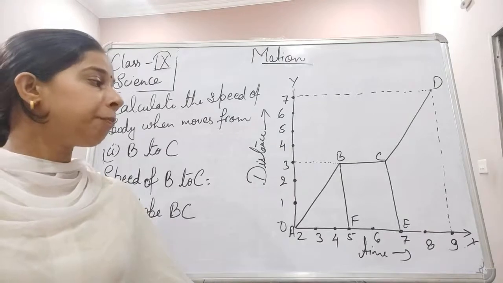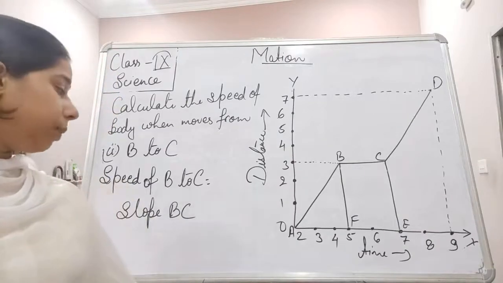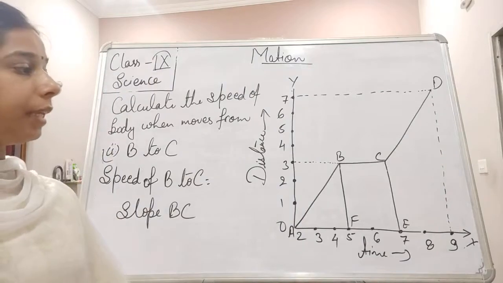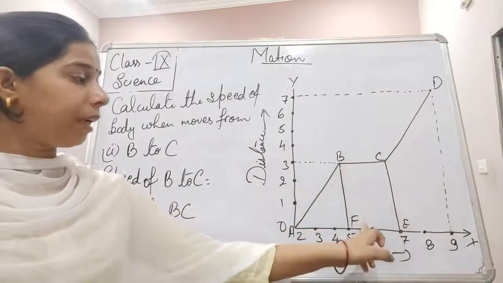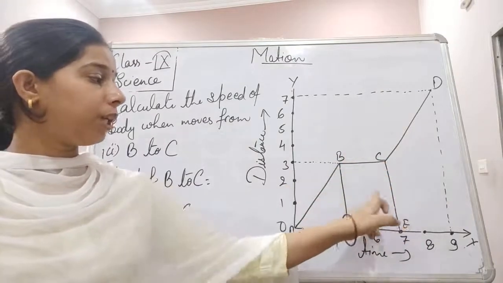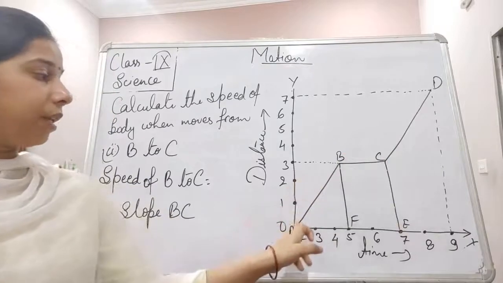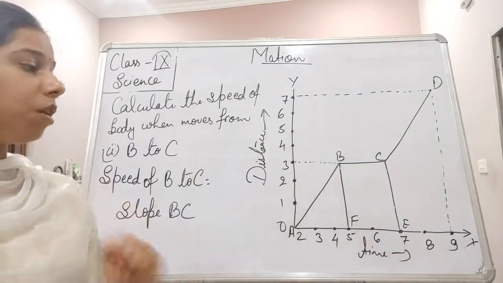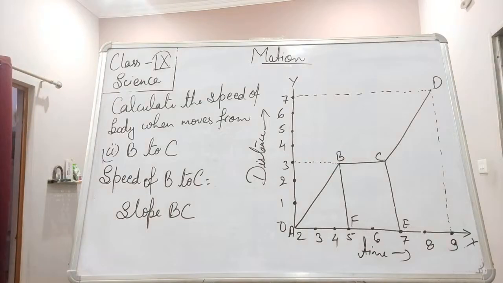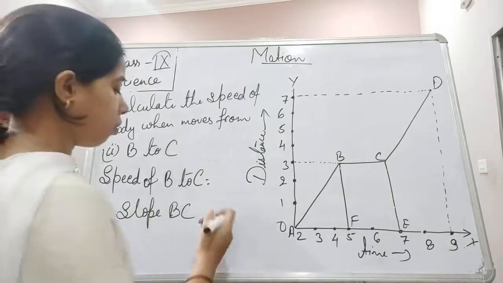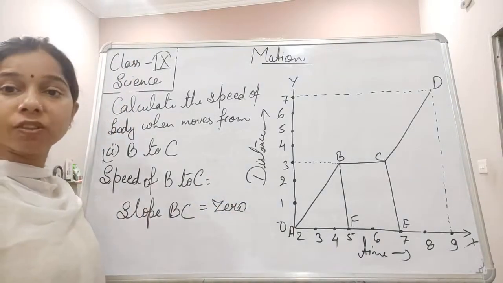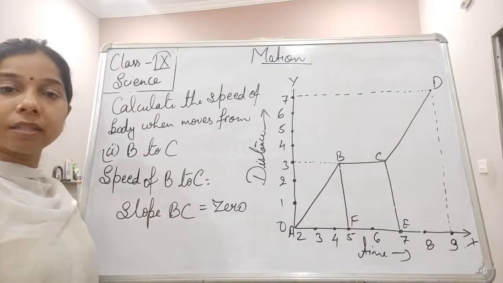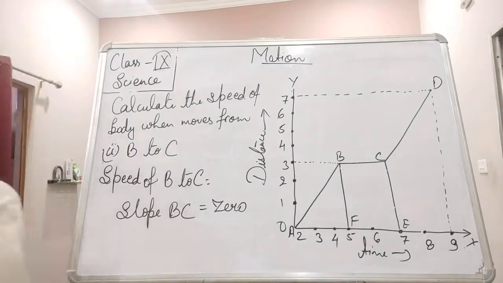You can see here that from B to C, BF and CE are equal to each other and both are the same, that is 3. So 3 minus 3 will be equal to 0 itself. So ultimately the slope BC is equal to 0. There is no change in the speed. Initial and final remain the same. So we will say it is 0, moving with the same value.